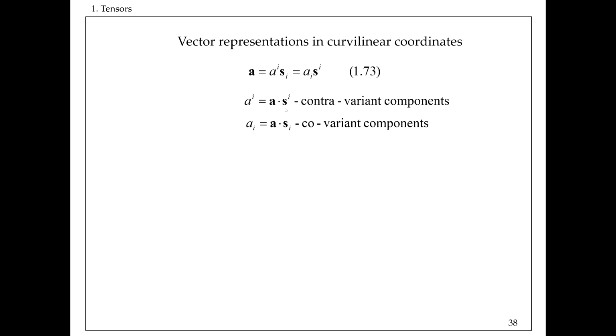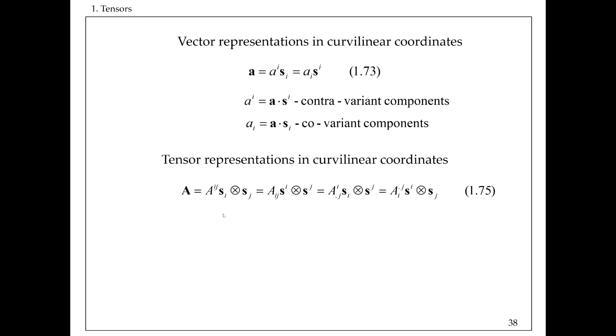For the second order tensor we have a little bit more options. More precisely, there are four representations, if you like, of how we can write it for second order tensors. You can see that there will be different combinations.